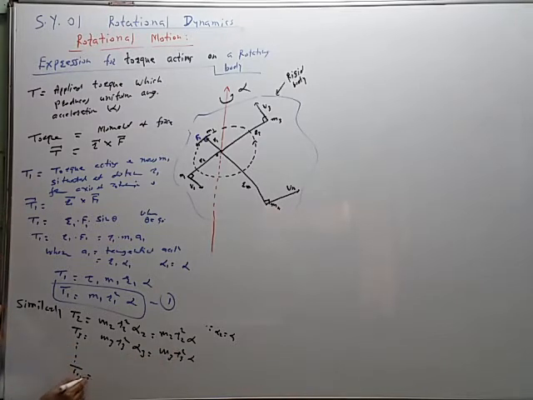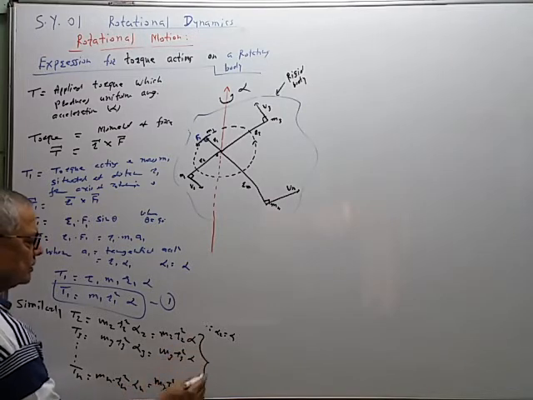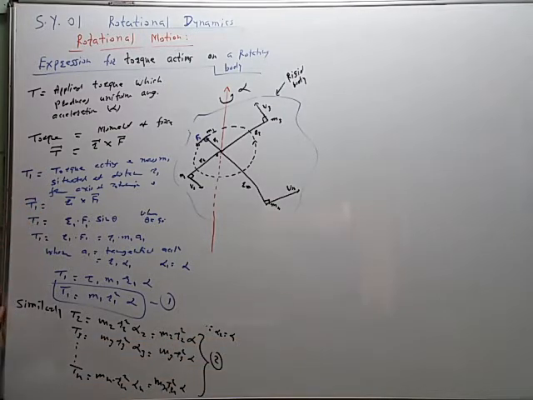Torque acting on the n-th particle is equal to mass of the n-th particle, radius of the n-th particle square into alpha n, so that is equal to mn rn square alpha. So all these equations have the common number 2.